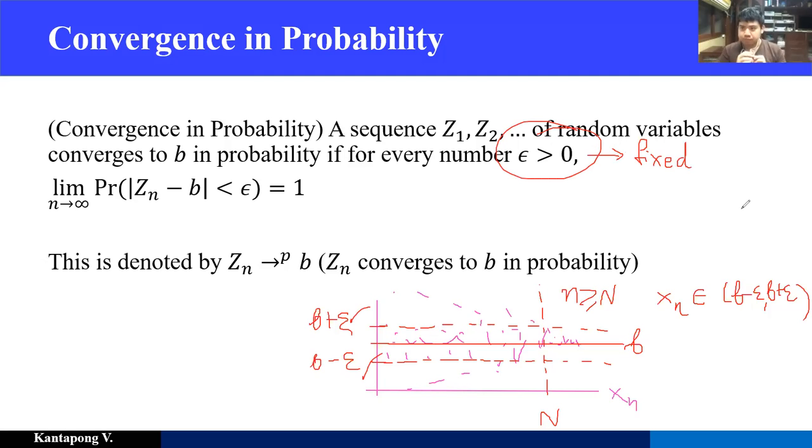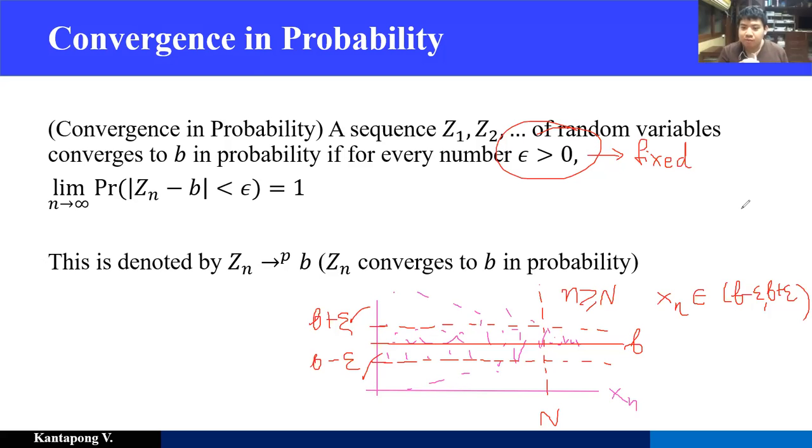The limit of the probability that absolute Cn minus b is less than epsilon, when n goes to infinity, equals 1.